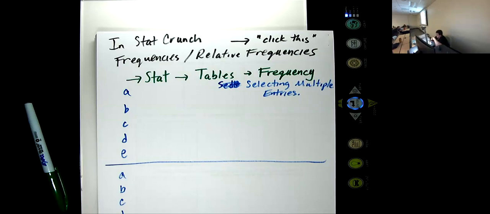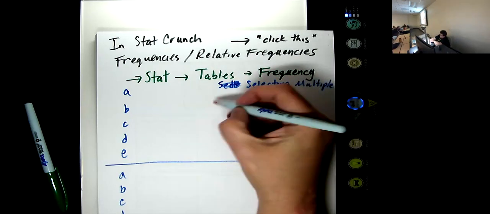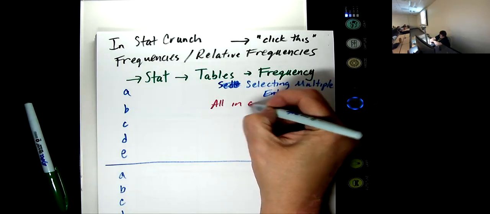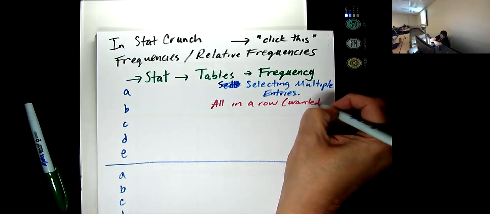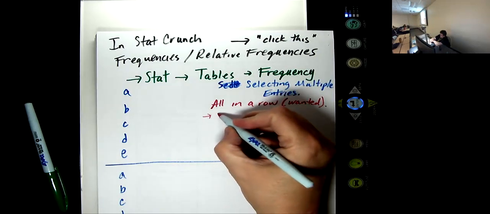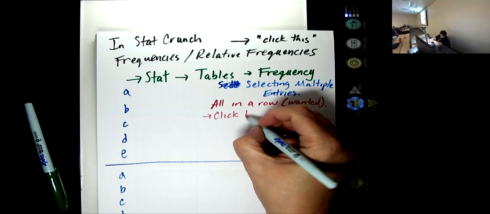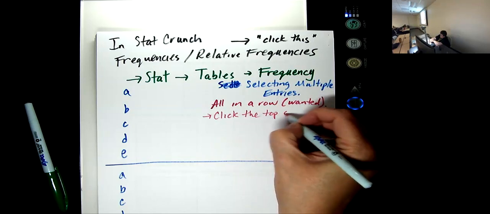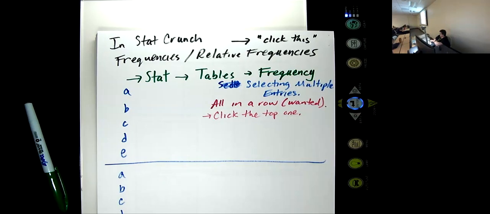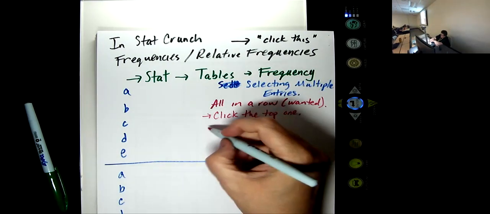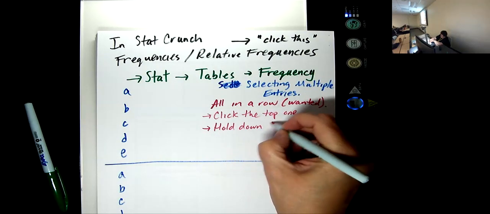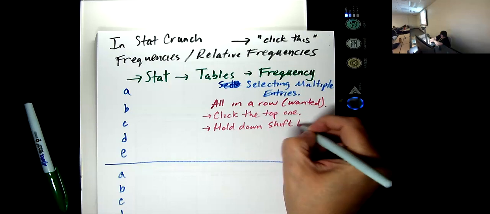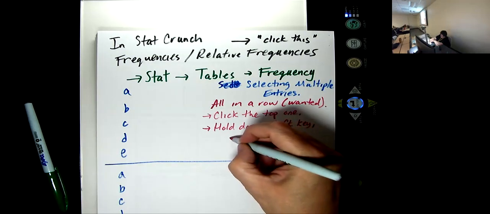So let's say they are all in a row, for the ones you want. Click the top one with your mouse or your trackpad or whatever you're using, then hold down the Shift key. This should be the same on Mac. And click the bottom one.